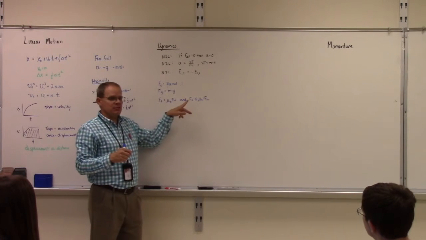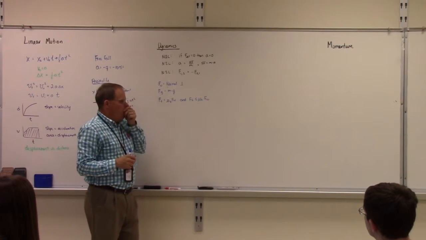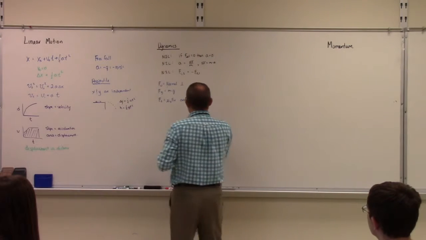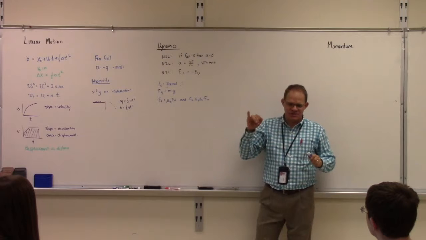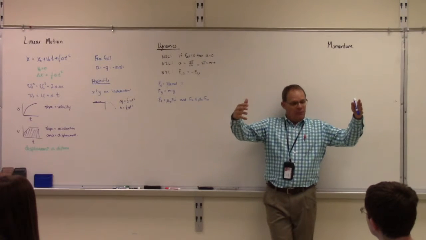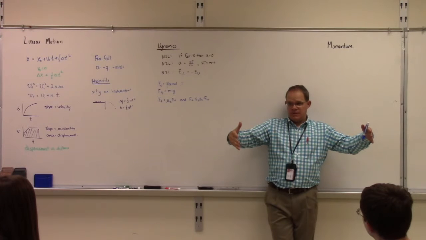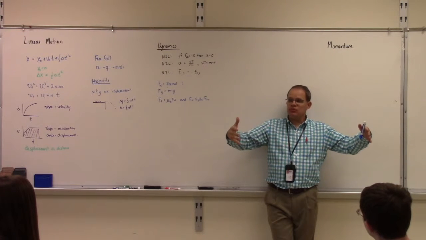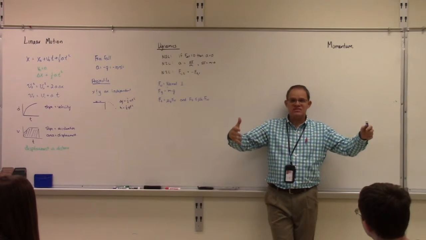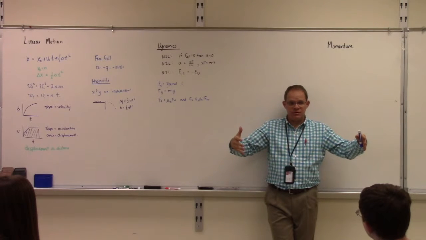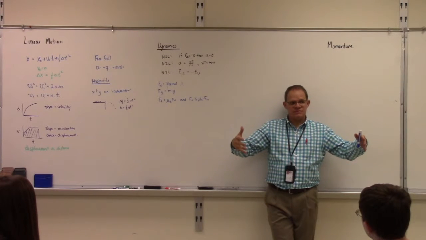If you're sitting still, though, you've got to be careful. I can almost guarantee you there's going to be a problem something like this. A box weighs 200 newtons. The coefficient of static friction is 0.25. So what's the friction force?